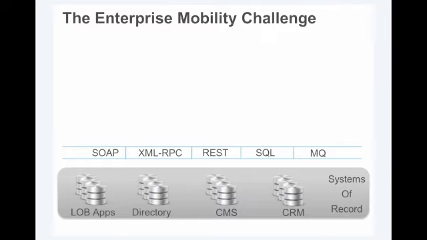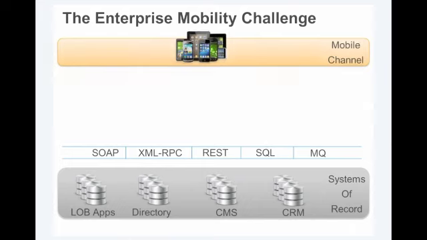On top of that, the technologies that bind these systems together, things like SOAP, XML RPC, things that have been the stalwarts of our SOA infrastructures, along with SQL and MQ to drive our transactional systems, and then some of our newer systems that use REST. These are all protocols that bind these systems together and are very familiar to a lot of us.